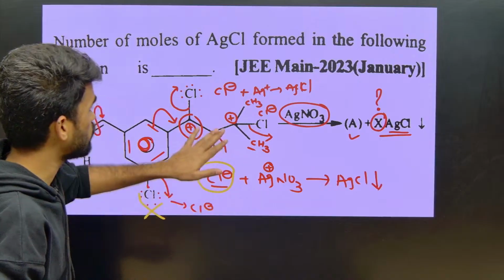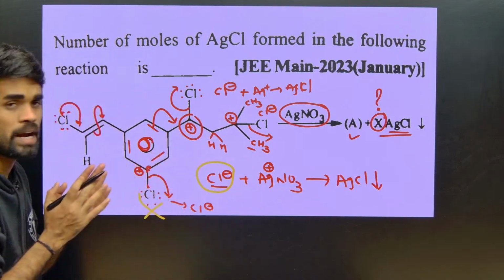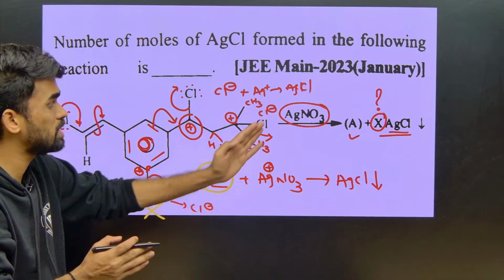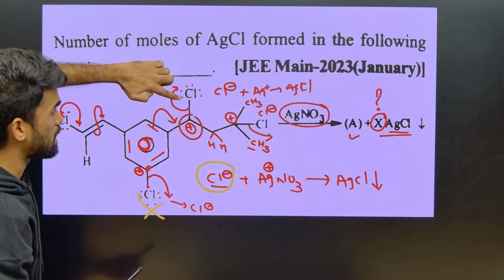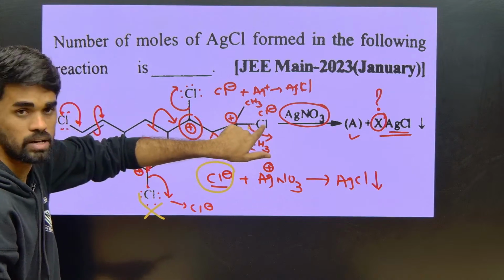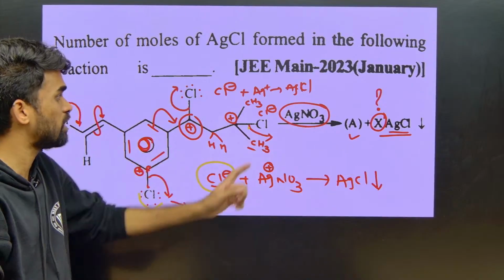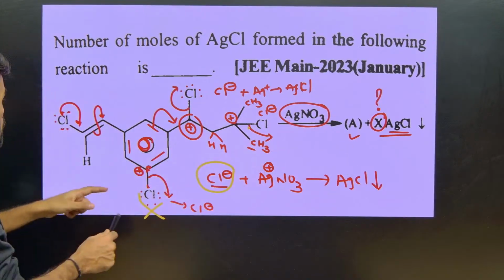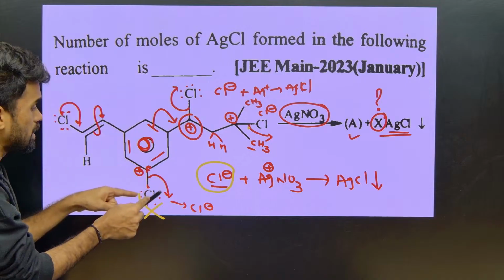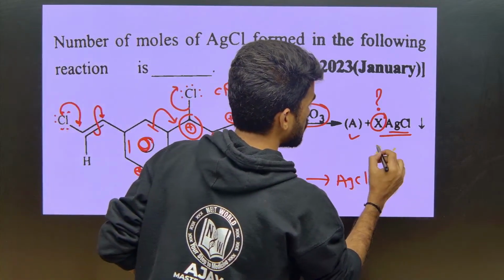So it will be a more stabilized carbocation. Therefore, the chloride ions that can precipitate with AgNO3 are this benzylic chlorine and this tertiary carbon containing chlorine. These 2 chlorines only will form AgCl precipitate when treated with AgNO3, but not the vinyl chloride and the phenyl chloride. So your answer should be 2 AgCl.